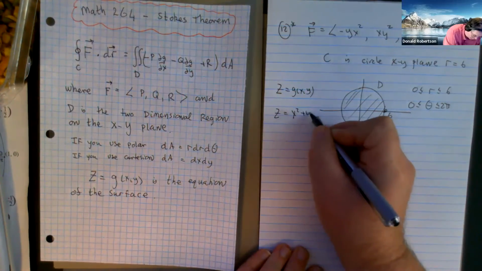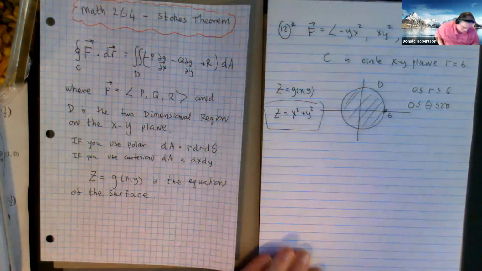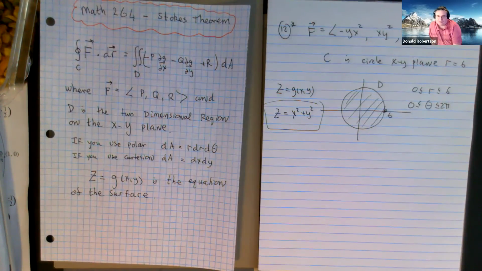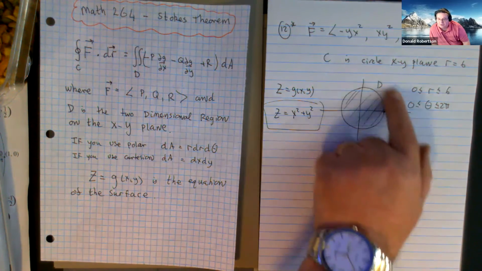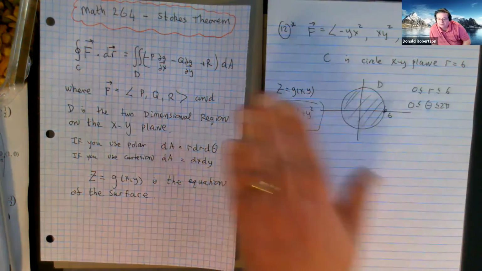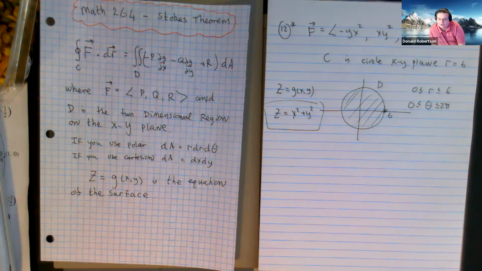Well, almost. X squared plus y squared. It's basically a plane on the floor. And so the z is just the same as that.